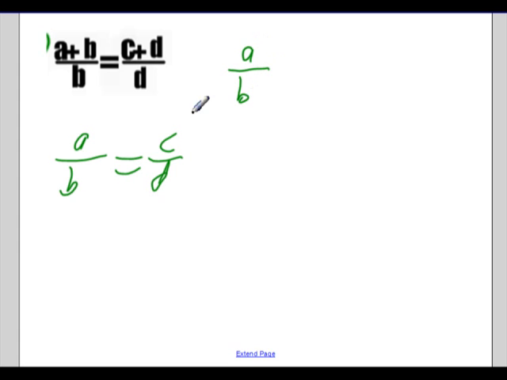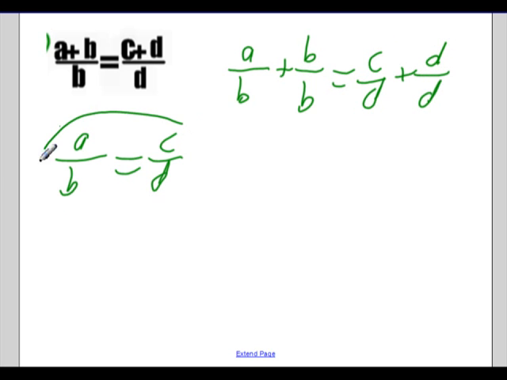If the part on the left, the A over B, if I simply add B over B, which is 1, and on the right side, I'm starting with C over D, and I'm also going to add 1. I'm just going to add it in a different way. I'm going to add D over D. All I've done is taken this original equation, added 1 to the left and 1 to the right. I've just done it in a clever way.